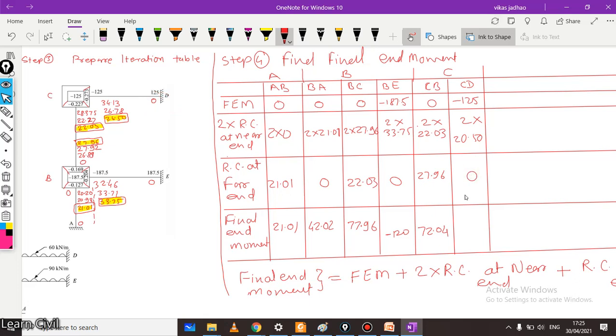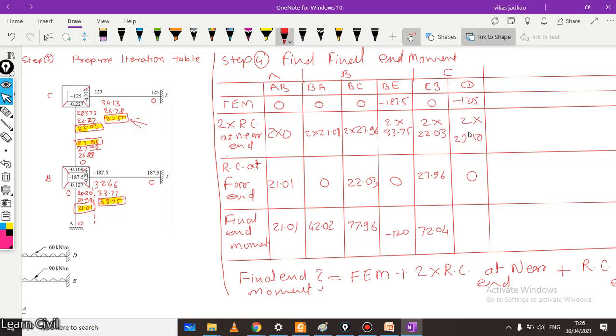Sum of all these in this particular column gives you for CD the final end moment: minus 125 plus 2 into 26.50.